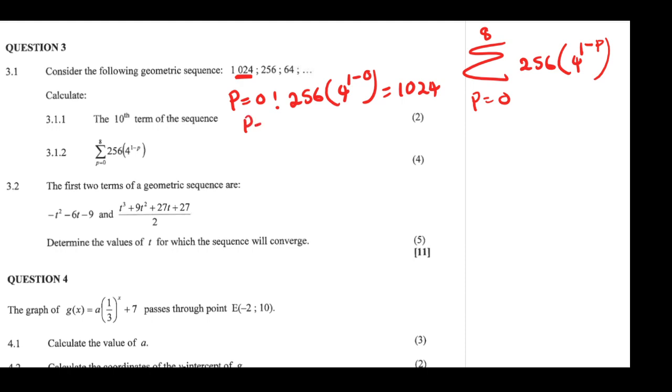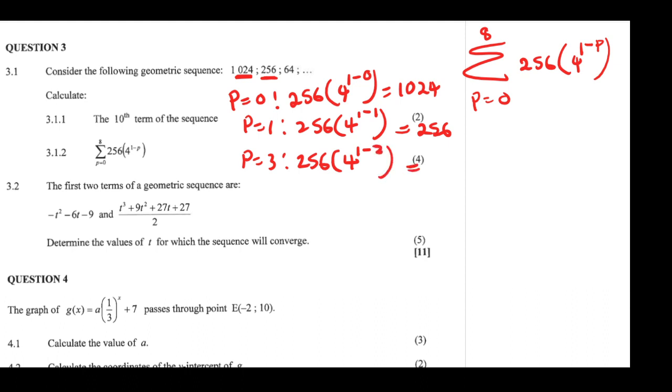You do the same for p equals 1: 256 into 4 to the power of 1 minus 1 gives 256. And then p equals 2 is 256 into 4 to the power of 1 minus 2, and you get 64. So now we know this definitely gives us this sequence here.